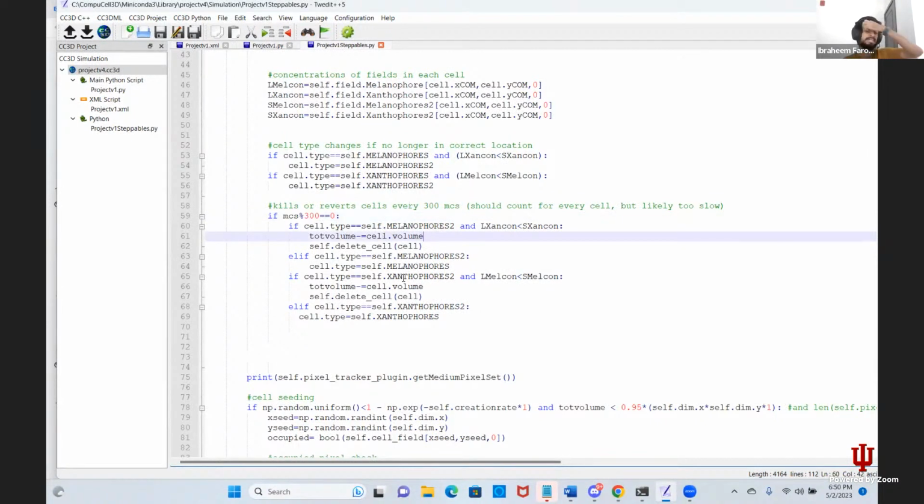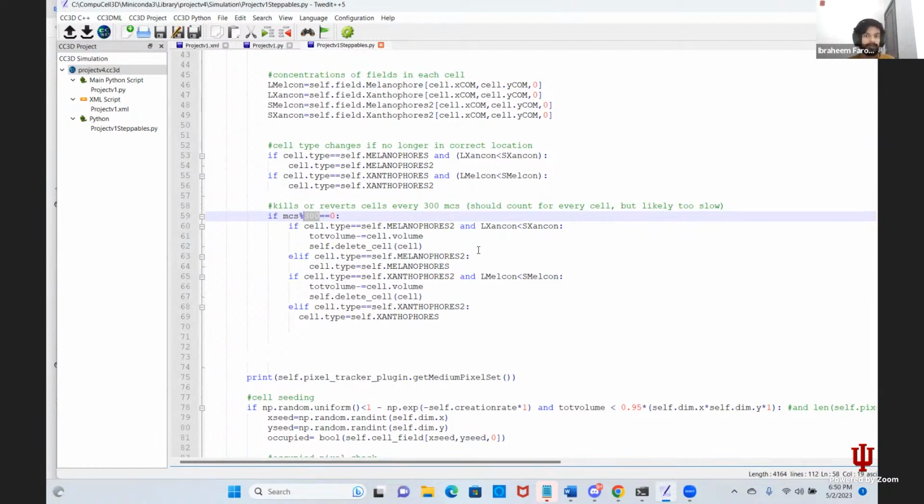I recognize there is a non-biologically accurate part of this, which is that we are just doing it every 300 Monte-Carlo steps, which means that if a cell changes type at 299 MCS, it is given exactly 1 MCS to move to the right location.